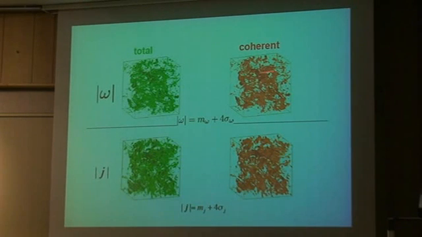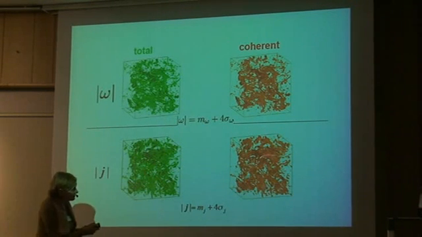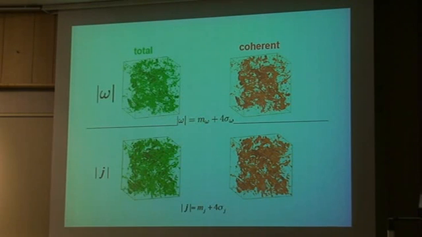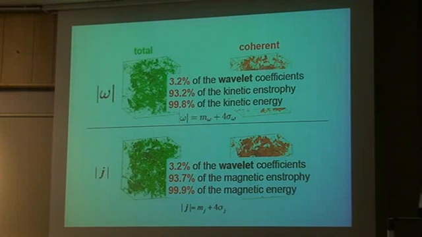And here are the results. That's the total and the coherent. If you look well at vorticity, they look the same. The current looks the same also. You have these tiny tubes or sheet pieces, you see them here. If you watch carefully, they look very much the same. In terms of compression, only 2.3% of the total number of 512 cubed coefficients reconstruct all the coherent contribution, which contains 93% of the kinetic enstrophy and 99.8% of the kinetic energy.